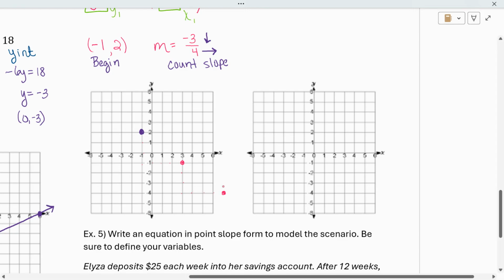I'm going to go off my graph 1 unit. I can also go up 1, 2, 3, and to the left 1, 2, 3, 4. So my graph looks like this.